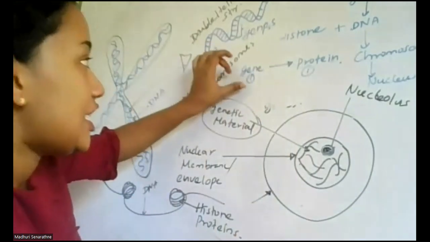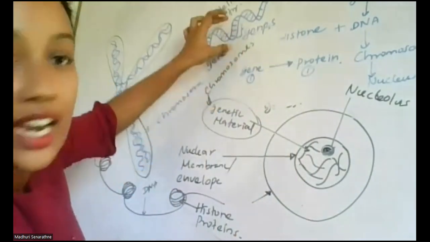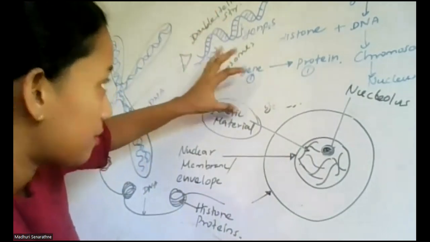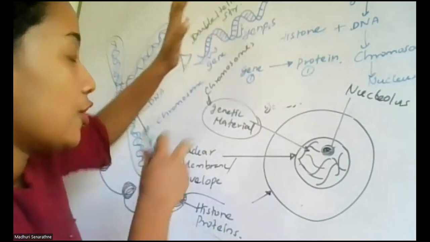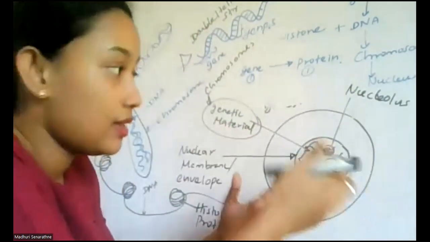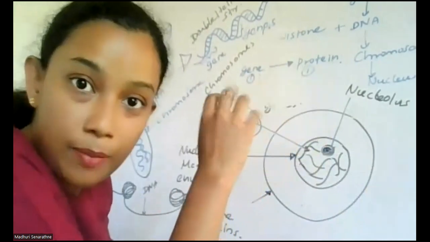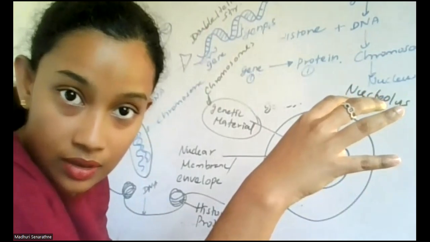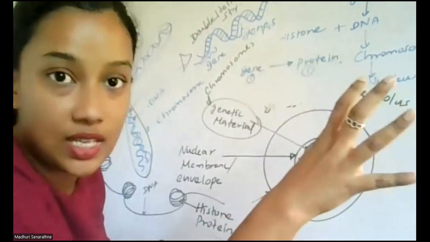Now you know genes are actually fragments of DNA to make proteins. Proteins are amino acid sequences. Yes, teacher, amino acid sequences.